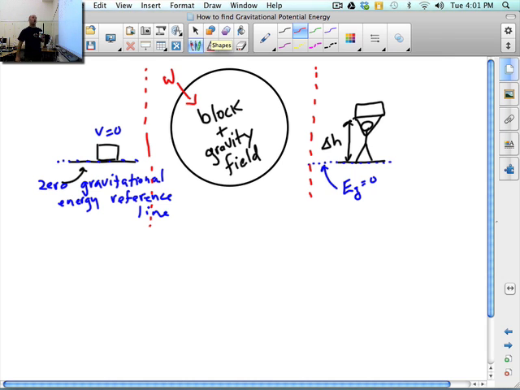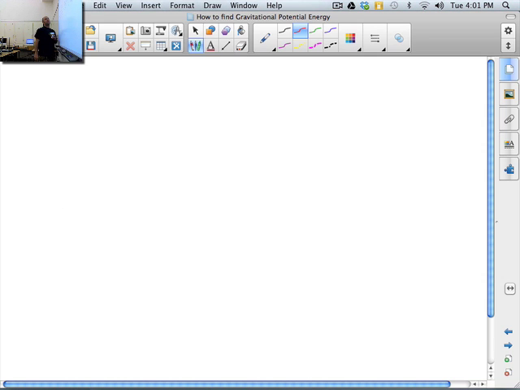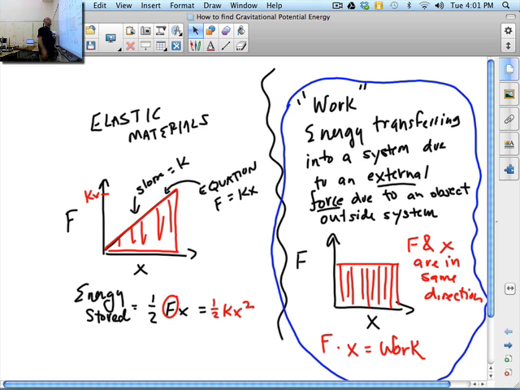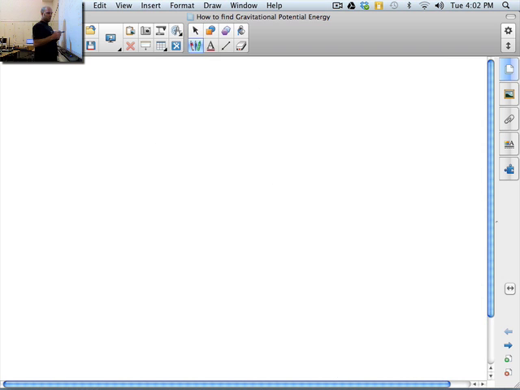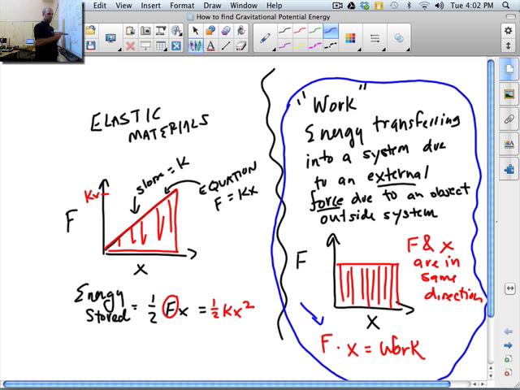And if you'll recall the way we calculate work, let me add a slide and go over that really quick again. So if you'll recall, we calculated work by multiplying the force that's required to lift or move the object times the distance it moves.